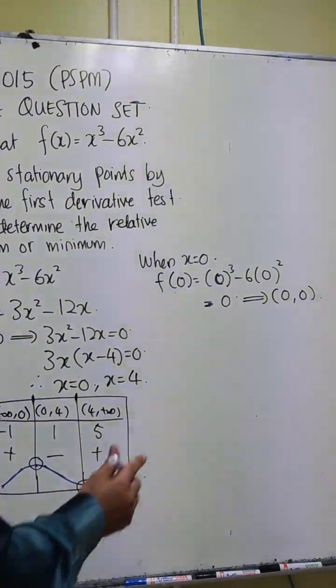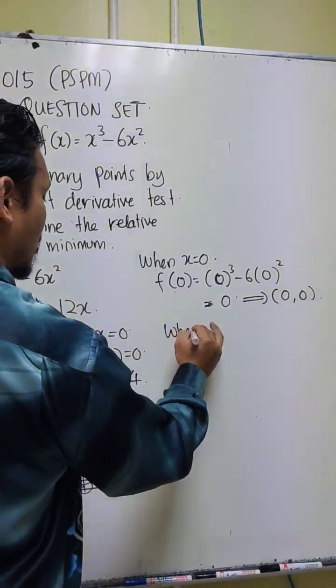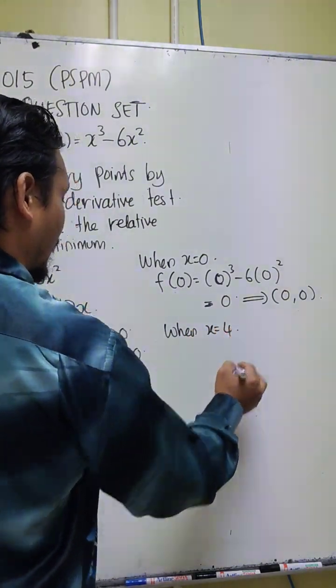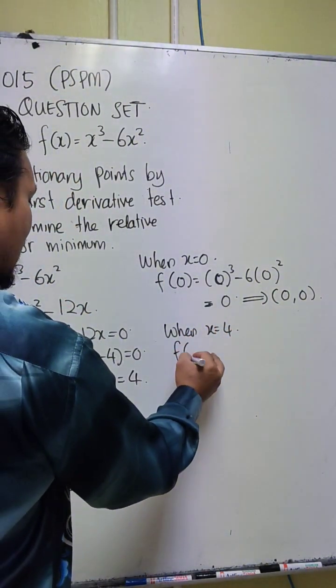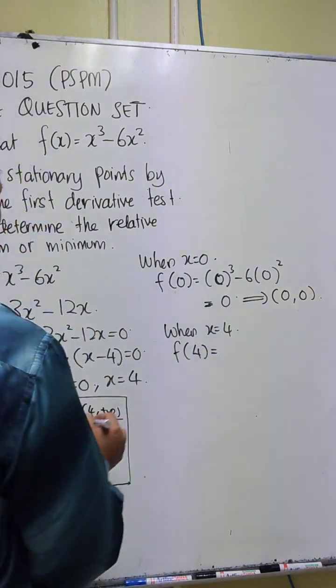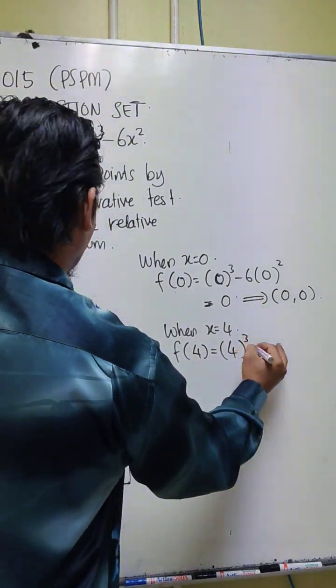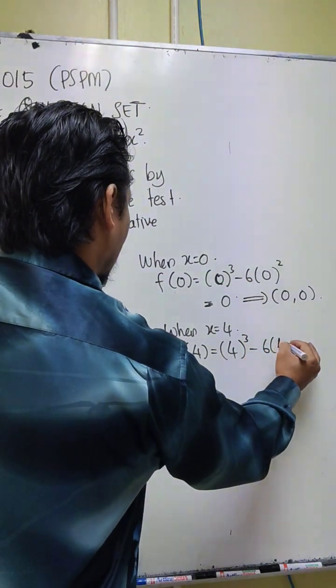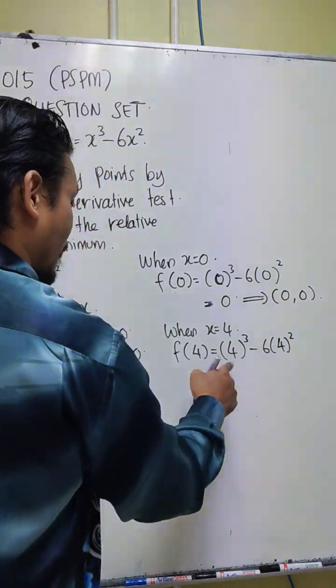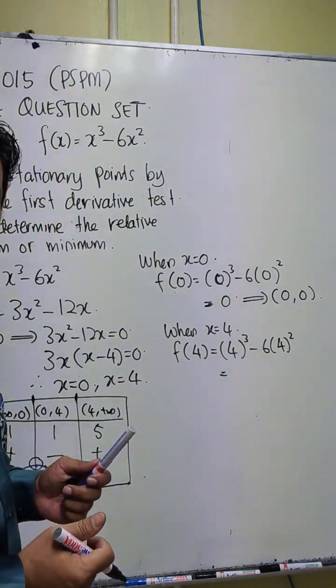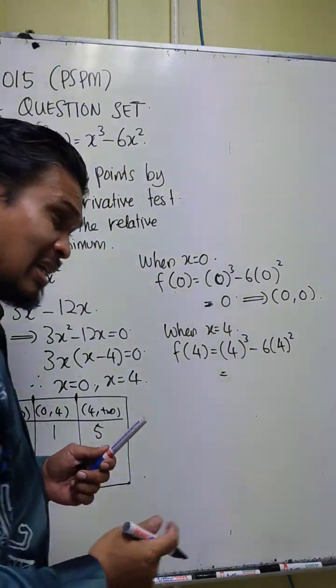And then when x equals 4, f(4) equals 4 cubed minus 6 times 4 squared. 4 cubed is 64.